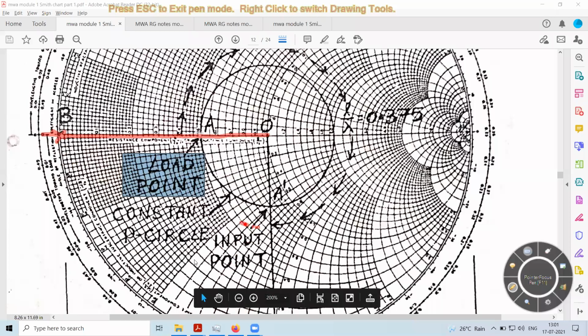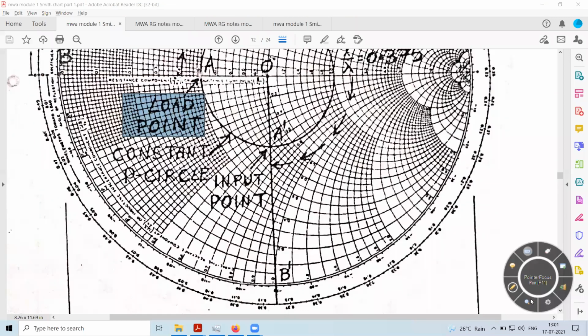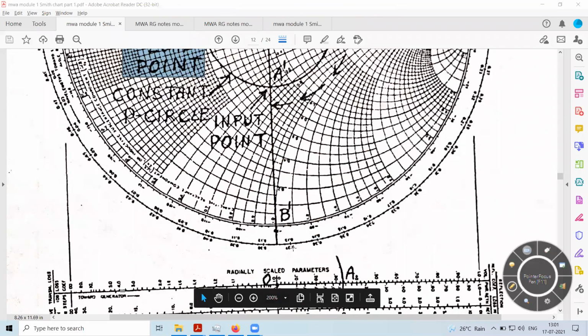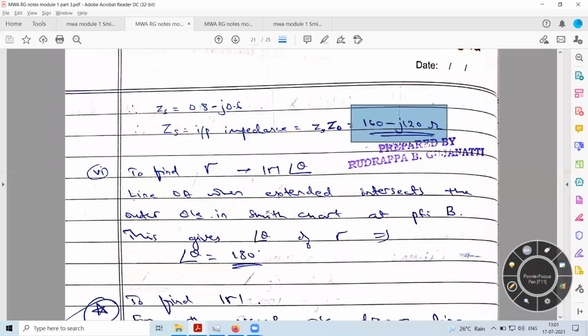But if you want the reflection coefficient at the input end, you have to extend the line OA dash such that it intersects the outermost circle where the reflection coefficient angle is specified. That will give you the angle. So I'm getting the magnitude, and on this circle I'm getting the angle of the reflection coefficient. These are a few of the problems we have discussed.